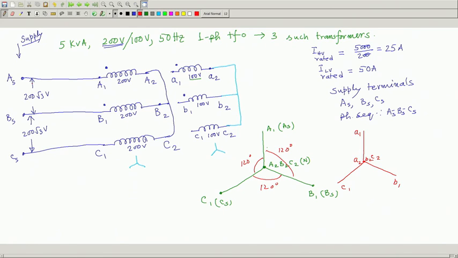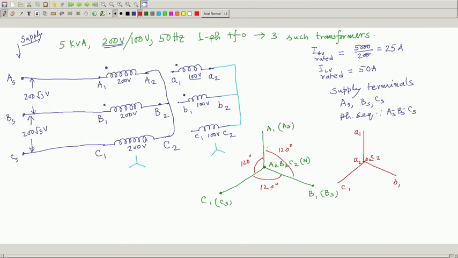So, what have I done? I have applied 200 root 3 line to line voltage here, which will ensure that across each of the primaries of these 3 individual transformers, 200 volt appears. Of course, these 200 volt, 200 volt, 200 volt are displaced by time because the supply is balanced.